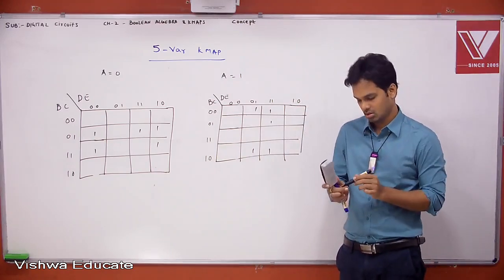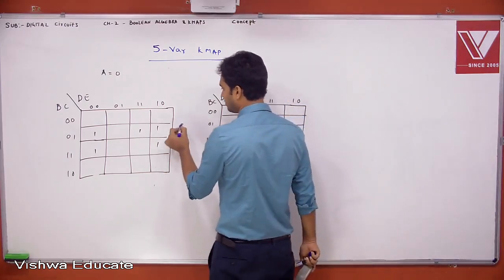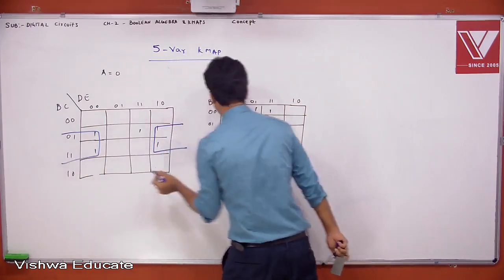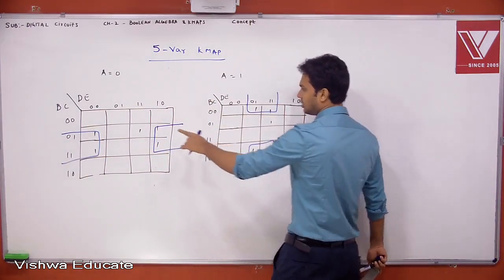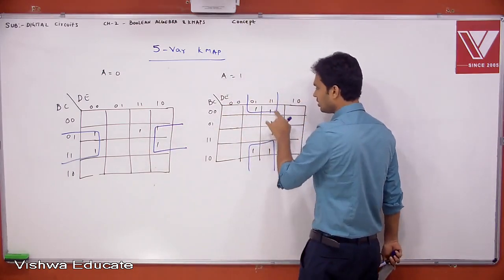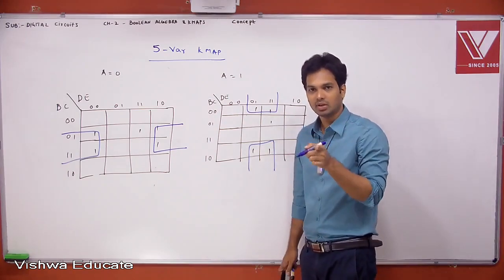See here. Here, firstly, you can make one quad. And here also you can make a quad. And this one is there, you can take one pair here, one pair here. Total how many pairs will come? 2 pairs. Instead of that, we can do like this also.